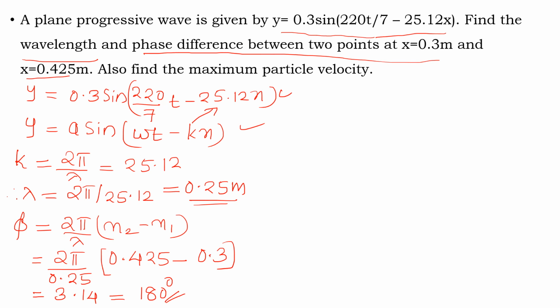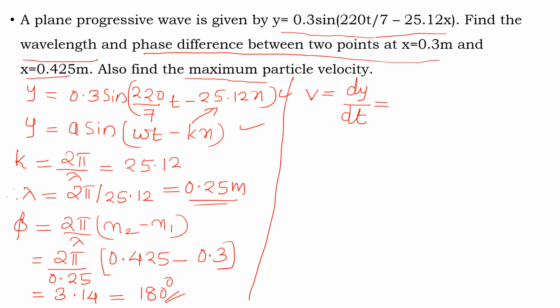And next is to find the maximum particle velocity. The particle displacement is given as y = 0.3 sin(220/7 × t − 25.12x). Therefore, the particle velocity can be represented as v = dy/dt.